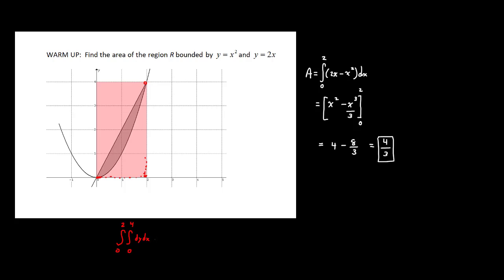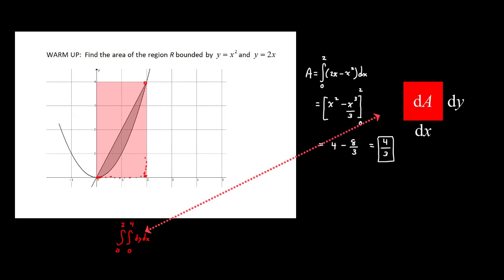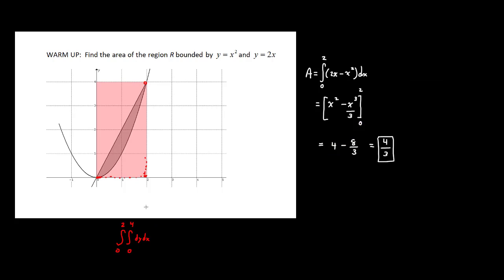More to come on this, but if you were to do these what are called rectangular bounds, or fixed bounds, you would get this pink shaded rectangle. You would find the area of the pink shaded rectangle, which is not what we want. We only want that gray sliver inside there.